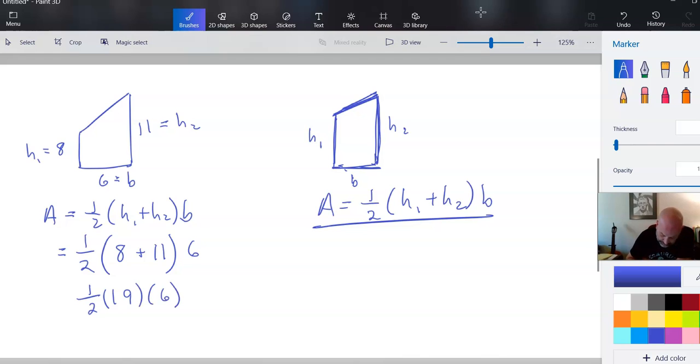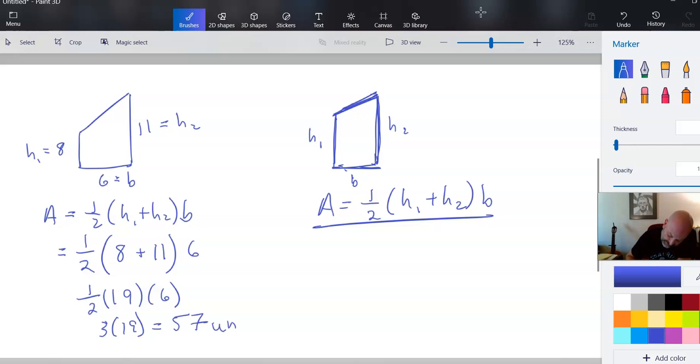Since it's multiplication, I can multiply in any order I want, so I'm just going to multiply the 1/2 and the 6 first instead. Now that's 3 times 19. 3 times 20 is 60, right? And if I only have 19 of those threes, that means it has to be 3 less than that. So it's 57.